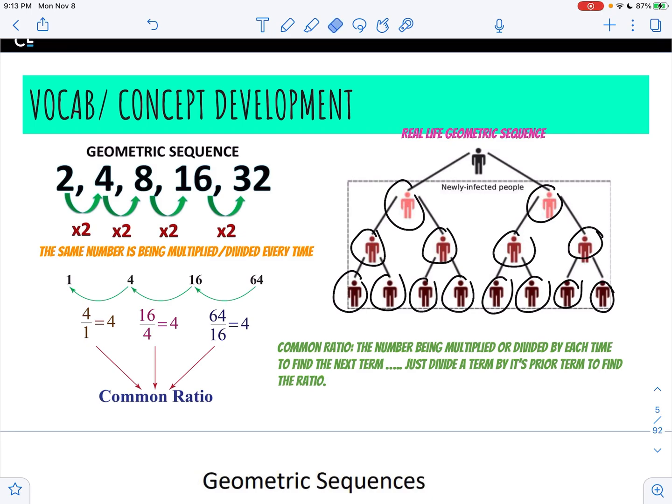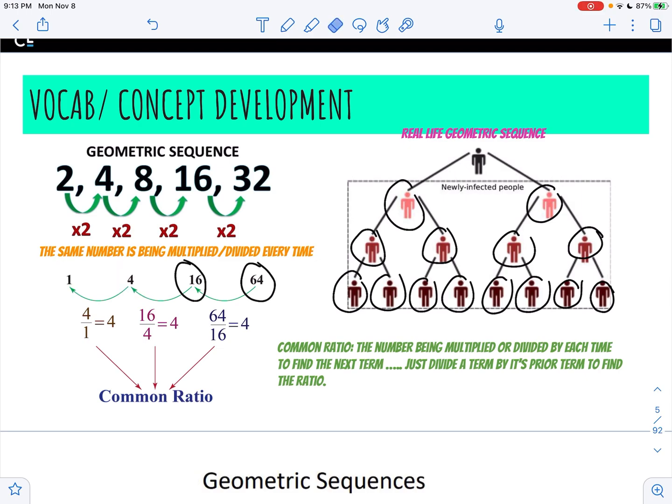The common ratio is the most important part of a geometric sequence, and that's how much each number is being multiplied by. We call it the common ratio. To find the common ratio, all you do is take the following numbers, like in this sequence: 1, 4, 16, and 64.